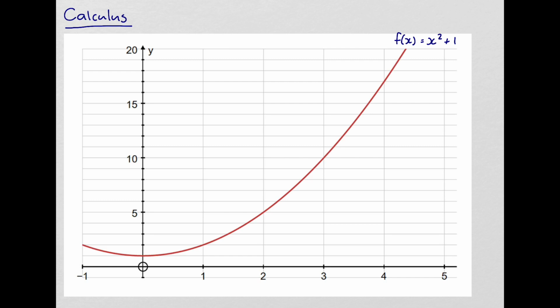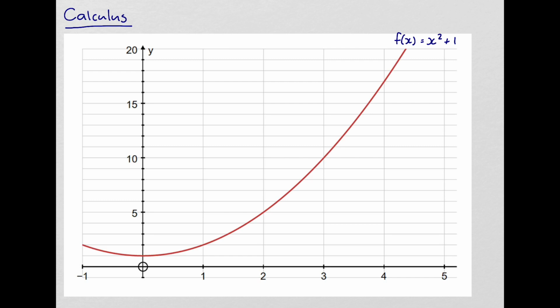But say I wanted you to work out the area of this graph between x = 0 and x = 4. What is the area formed between the x-axis, the graph, and the x values of 0 and 4?